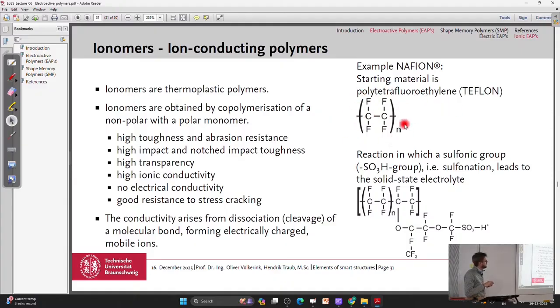The monomer looks like this, and it reacts with a sulfonic group, SO3H group. So we have a sulfonation, and this leads to the solid state electrolyte where we have ion conductivity in the material. So we have these monomers again from the Teflon, but now with this sulfonic group.